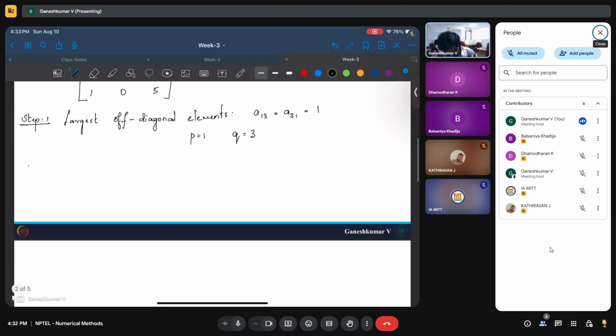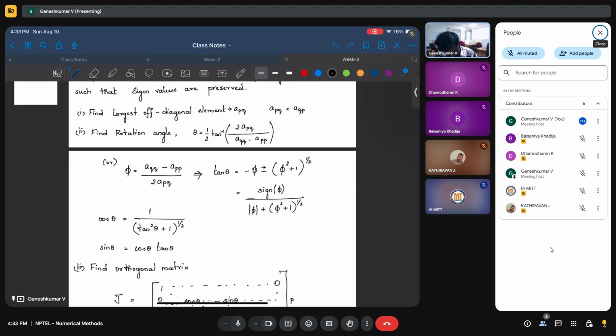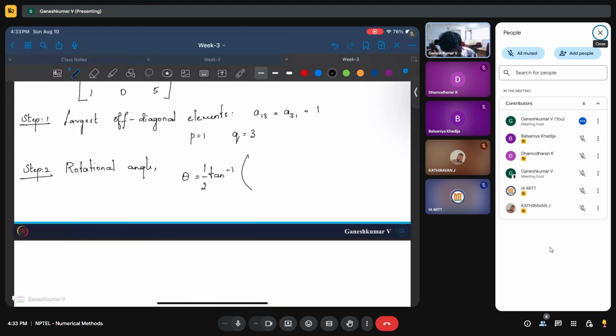The second step is to find the rotation angle. To find the rotation angle, we have an equation: theta equals tan inverse of 2 times a_pq divided by a_qq minus a_pp.